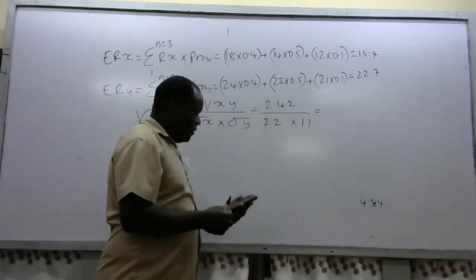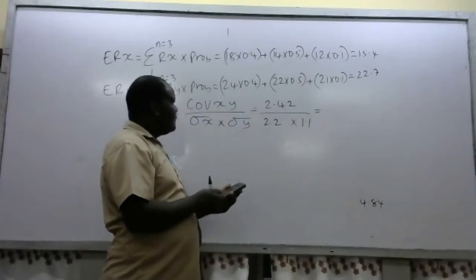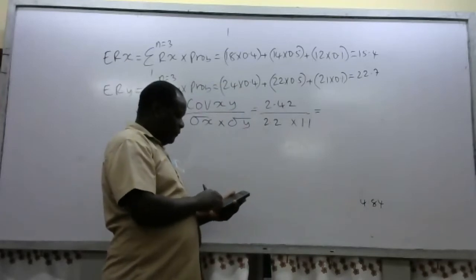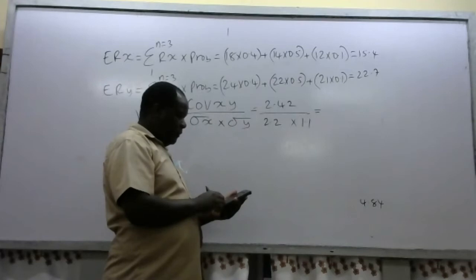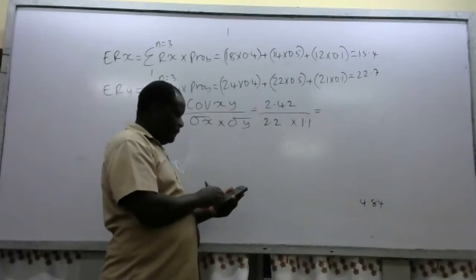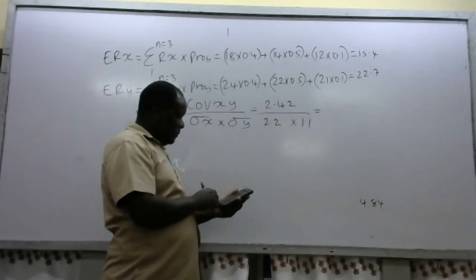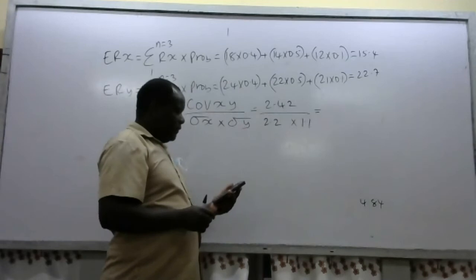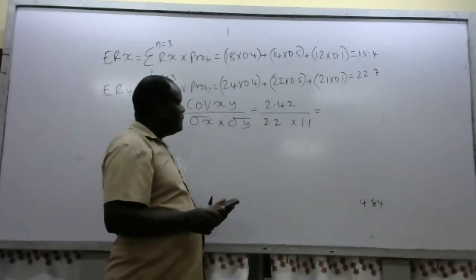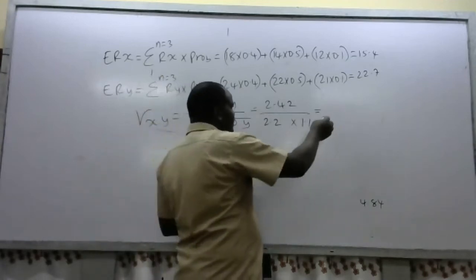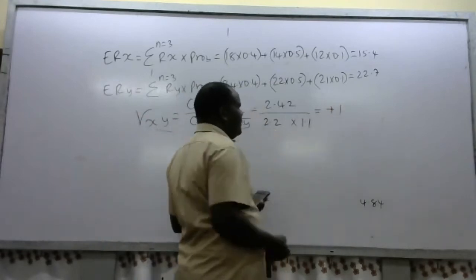So that we now adjust. So it's 2.42 divided by 2.2 multiplied by 1.1. So to be able to give you a value of 1.